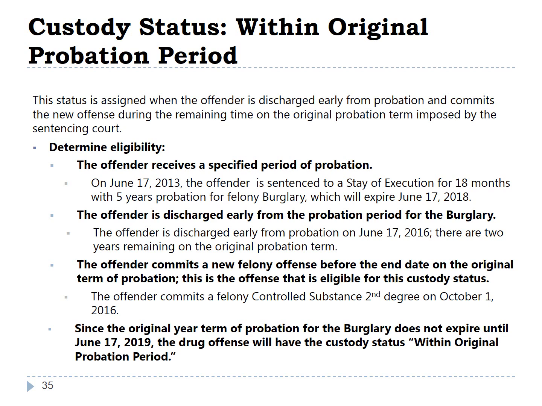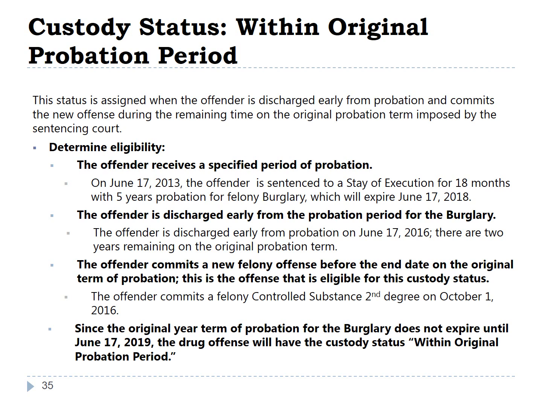If, however, the original offense was revoked as opposed to being discharged, then do not assign this as a custody status. So here in June of 2013, the offender received an 18-month sentence stayed for 5 years, set to expire June 17th of 2018. On June 17th of 2016, they were discharged early with 2 years remaining on the original probation term.